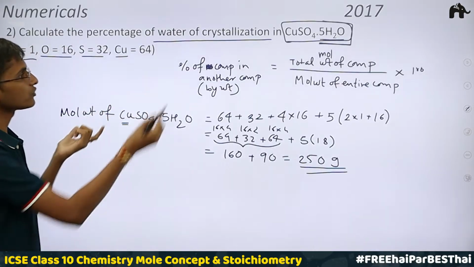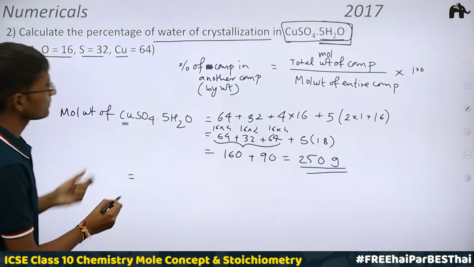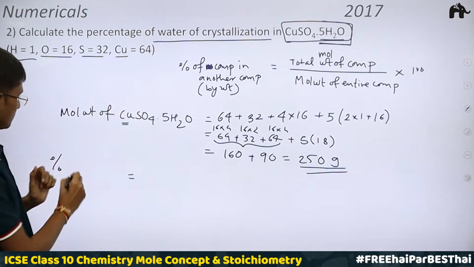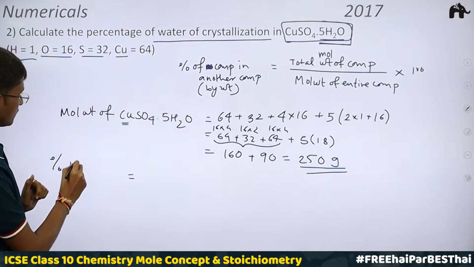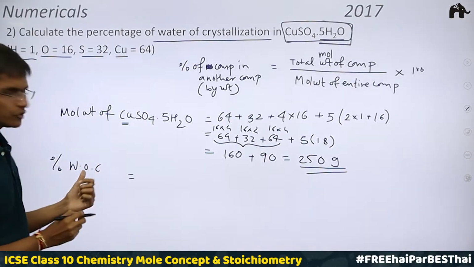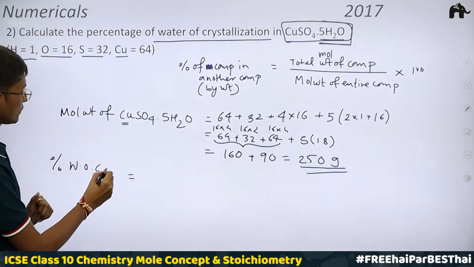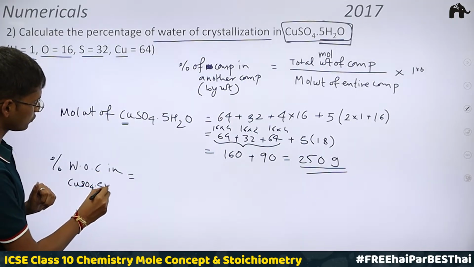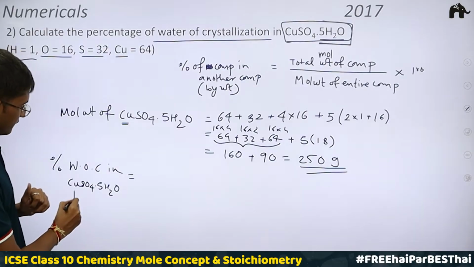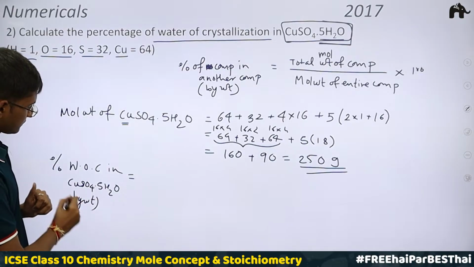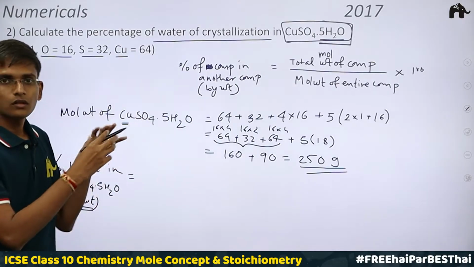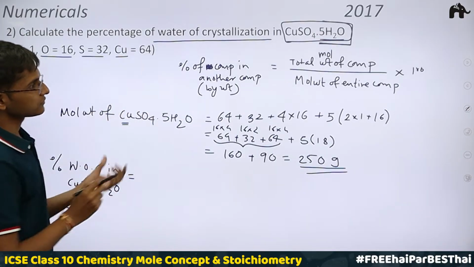Now simply we have to put into the formula. Percentage of water of crystallization, you write it in the entire sentence, in CuSO4.5H2O, by weight is equal to the total molecular weight of water here.